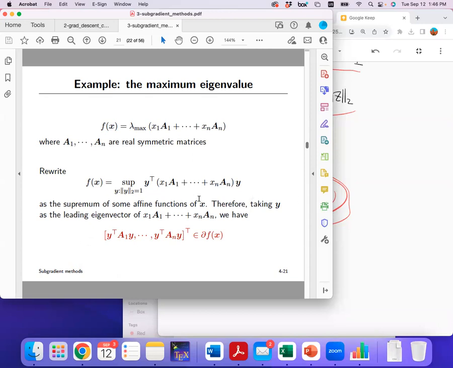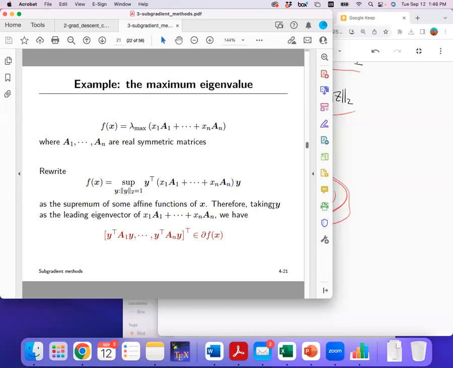Then apparently, take y as the leading eigenvector of this matrix.